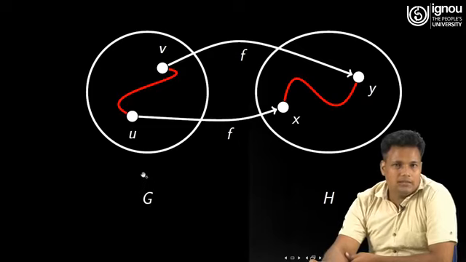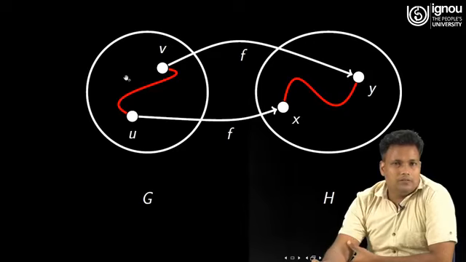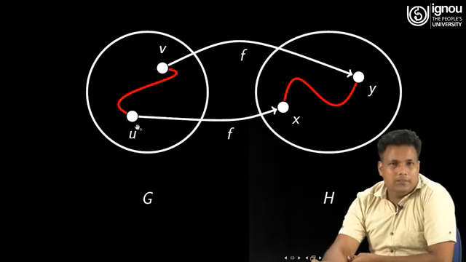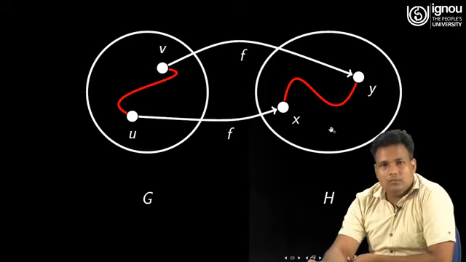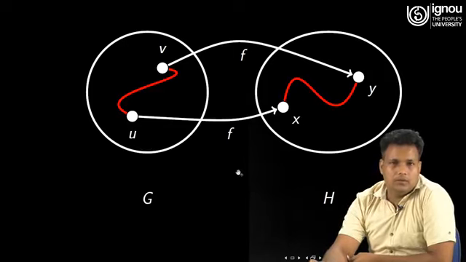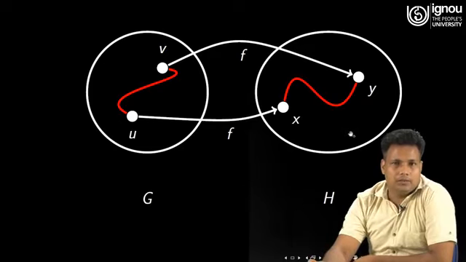If G has any particular cycle or any particular path, H would also have that particular path or cycle. If G has any induced subgraph, H would also have that induced subgraph. That means whatever property G possesses, H would also possess the same property if G and H are isomorphic.